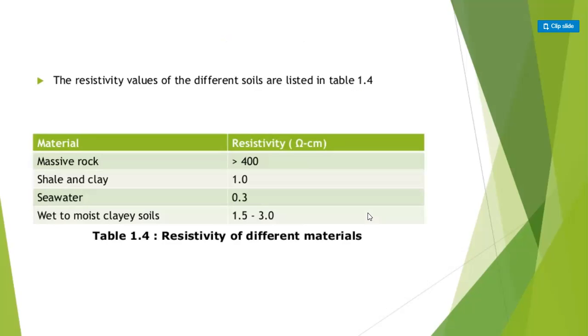If we conduct the electrical resistivity method in shale rock and clay rock, we can get a resistivity of 1 ohm per centimeter. In seawater, we can get a value of 0.3 ohms per centimeter. And wet to moist clay soils, 1.5 to 3 ohms per centimeter. So this is the resistivity of the different types of materials in the subsurface of the earth.